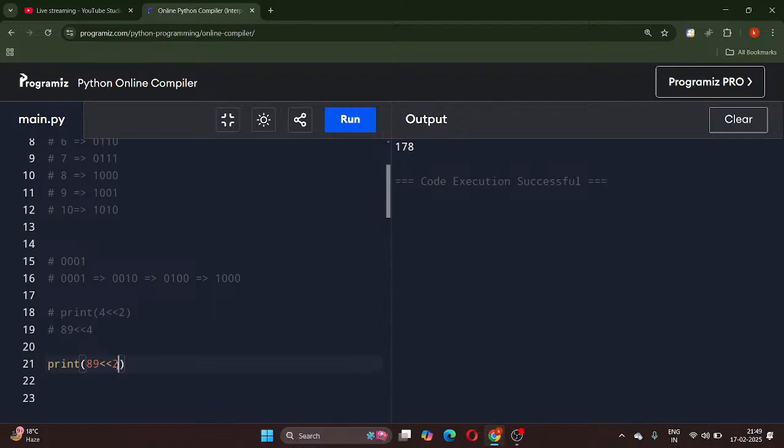Now 2 times means that 178 also will be doubled, so the answer would be 356. 3 times means that 356 will also be doubled, so this will become 712, and 4 times means that 712 will also be doubled. So this is how it is working. The left shift operator basically doubles every time, right?